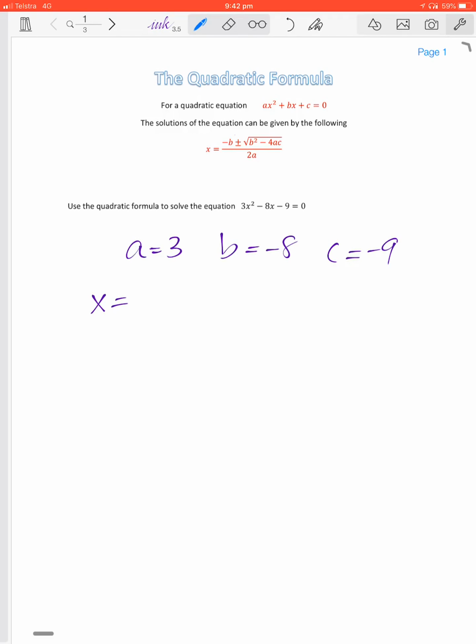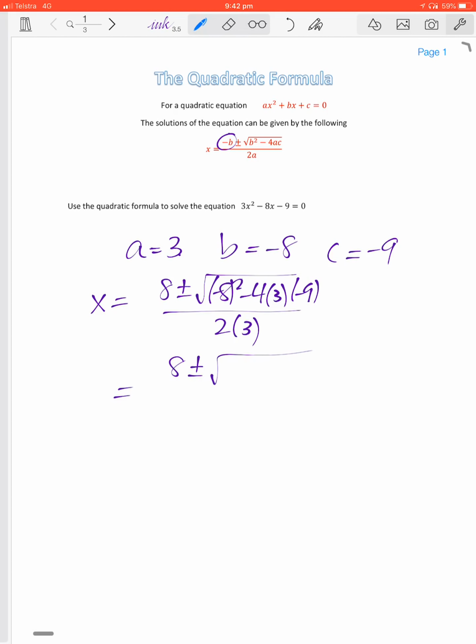We know that x is -b, so -8, which is +8, plus or minus the square root of b squared, so -8 squared, minus 4 times a, which is 3, times c, which is -9, all on 2 times a, which we know is 3. So you get 8 plus or minus. -8 squared is positive 64.